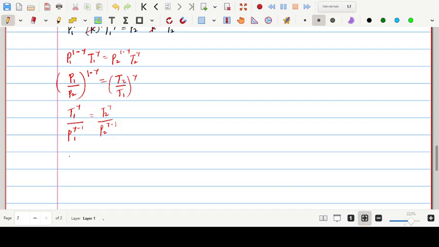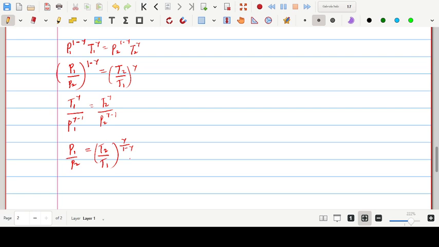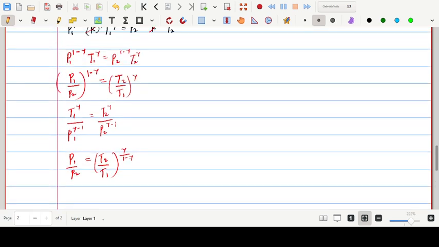So you now have P1 over P2 equals T2 over T1 raised to power gamma over 1 minus gamma. Now let us quickly look for the value of gamma over 1 minus gamma.